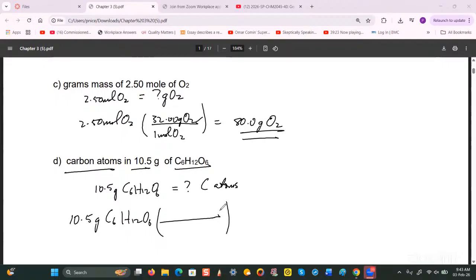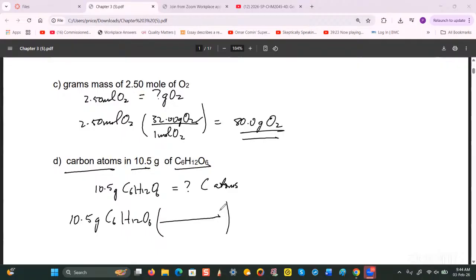Okay, so what's the first step to solve this problem? Avogadro's number? Not yet. It will come along later on, because remember, Avogadro's number you use to convert from moles to the number of atoms or vice versa. Right now, we're starting off with grams.